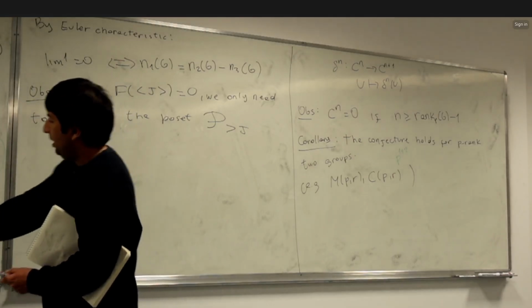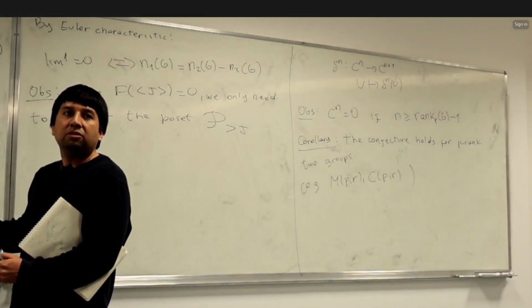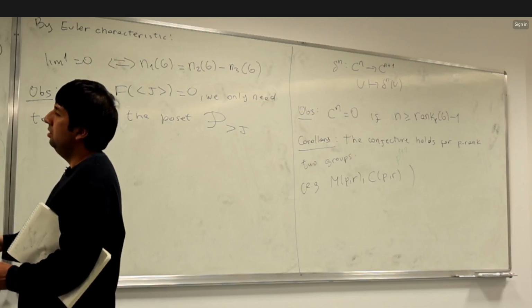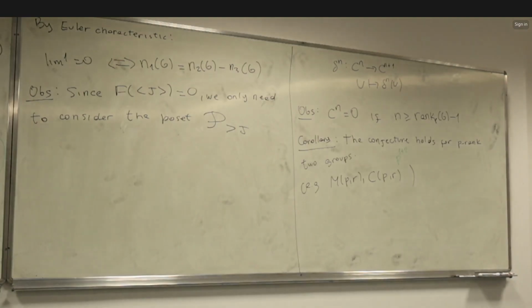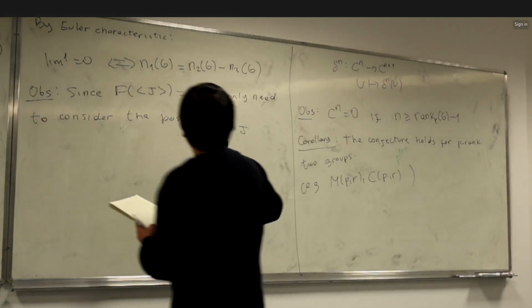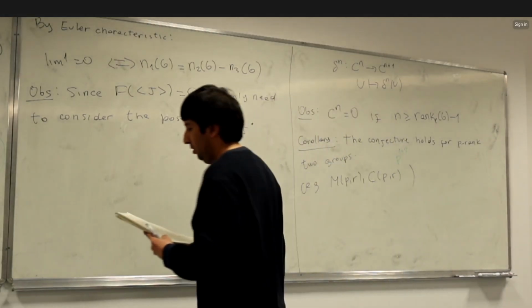But let's suppose that A_n is a copy of C_p cubed. f of A_n is C_p squared, right? A_1 is C_p. Right. Yes. Okay, so we only have to consider this poset, which simplifies the problem a lot.